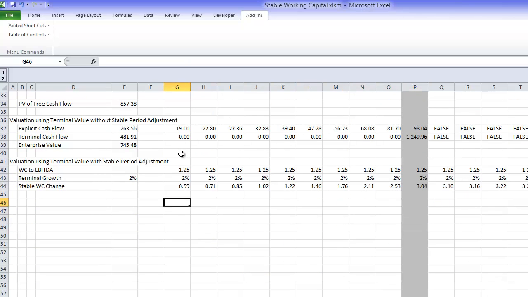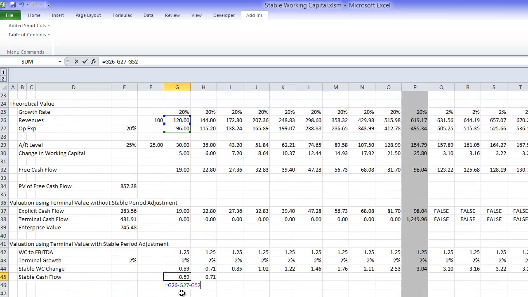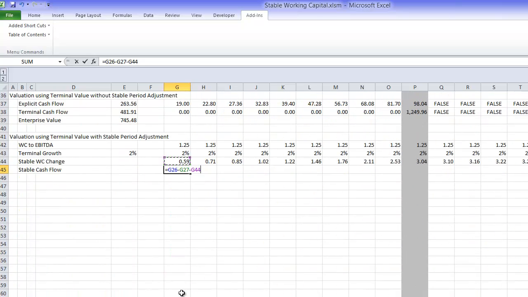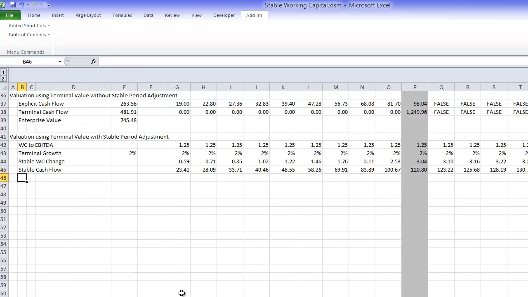So now let's put a stable cash flow, which is simply the revenues minus the expenses minus the stable period working capital change. Then we can put our terminal cash flow this time.